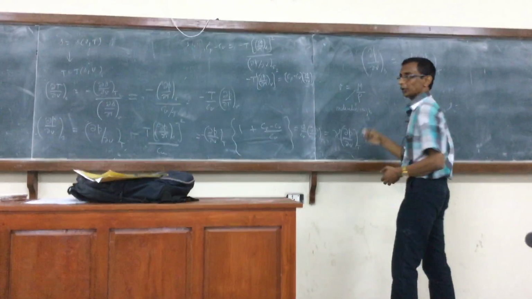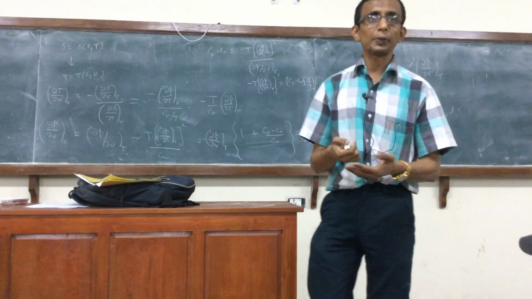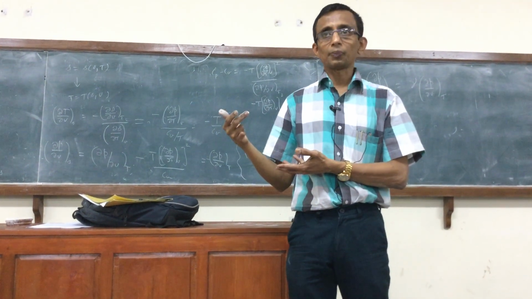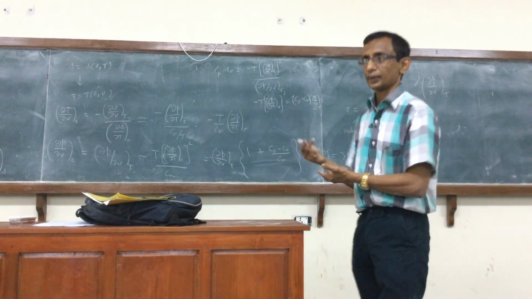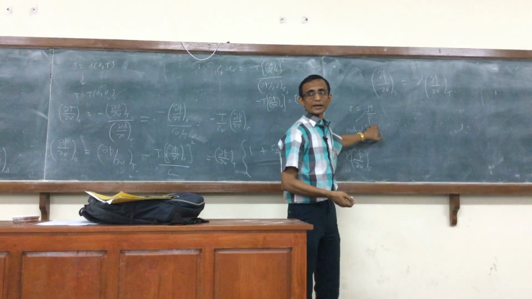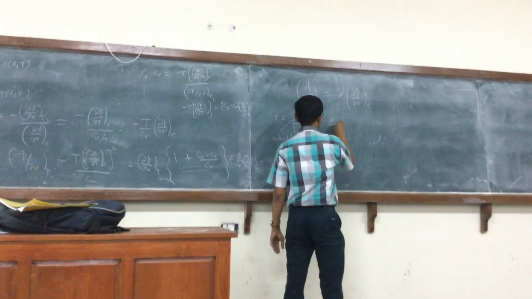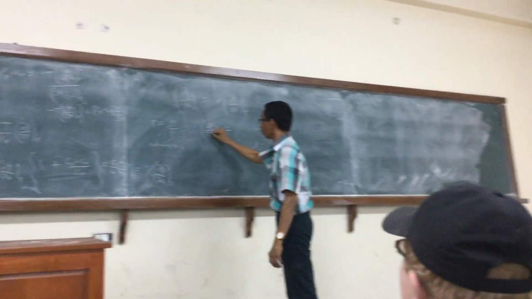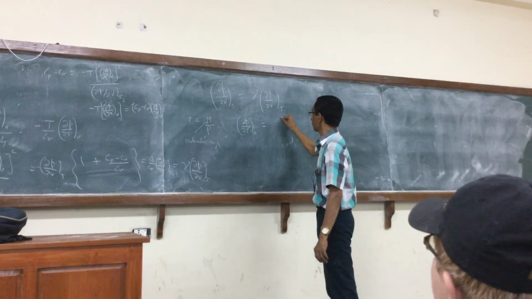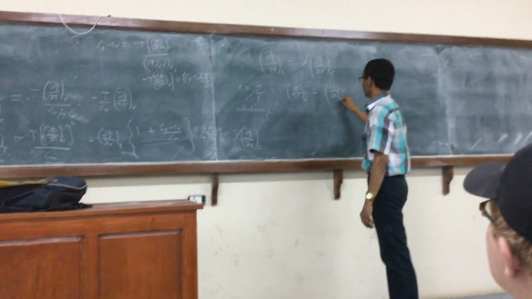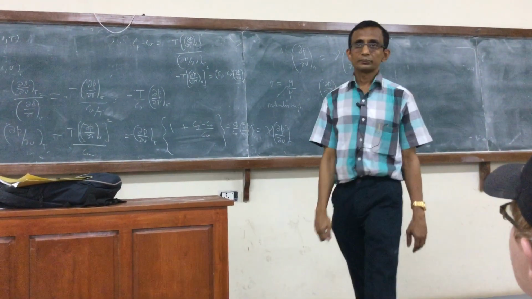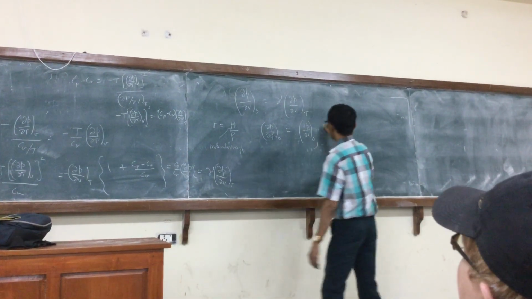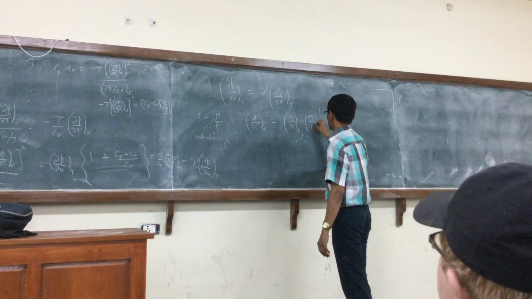So the derivative of pressure with respect to volume is very easily related to the derivative of pressure with respect to density, because they are just related by a constant factor. So for instance, I can easily show that dP by d rho at S is dP by dV at S times dV by d rho. V expressed as a function of rho would be simply M over rho, so its derivative is minus M over rho square.